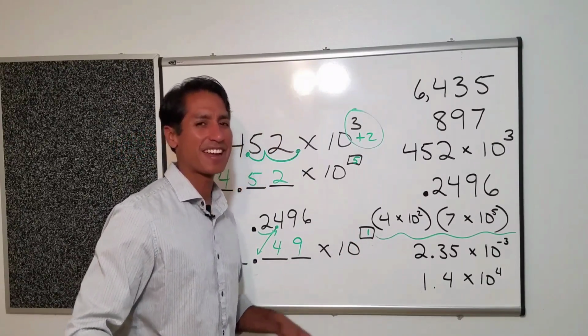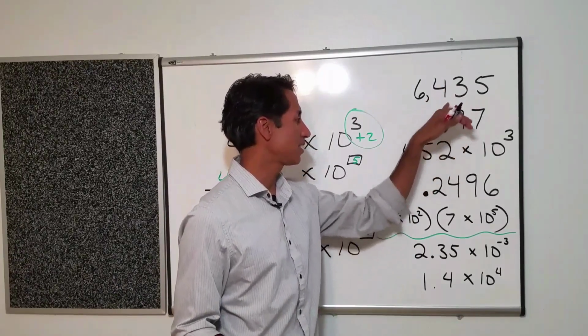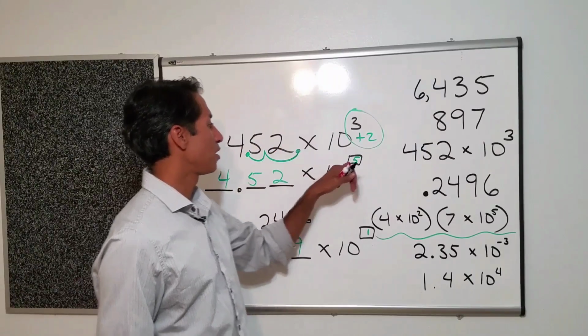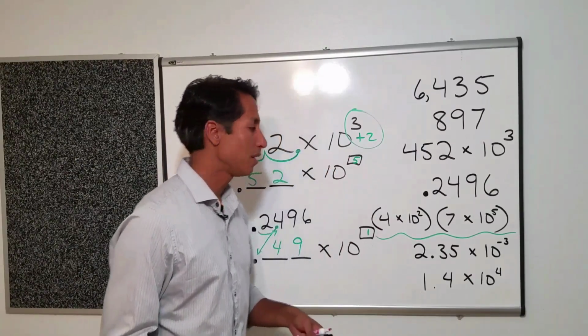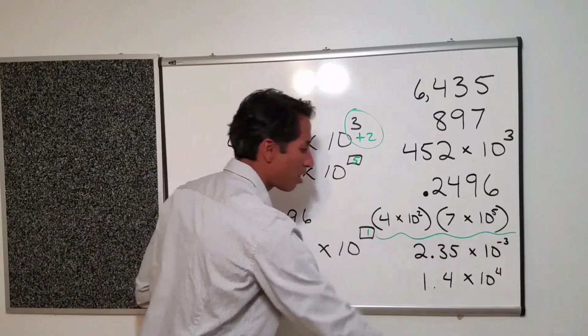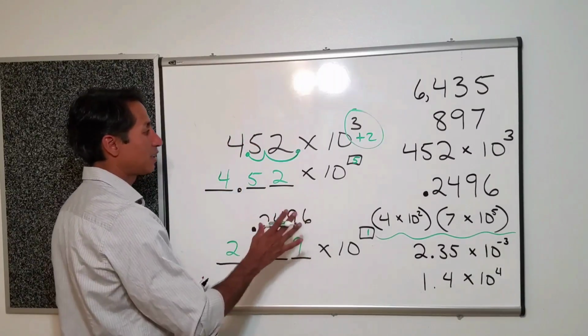Well, not really. Okay, this is where it starts getting a little tricky. When the numbers are really big like this, you just figure out how many times you moved it and you go with a positive value. But when you're dealing with decimal points and a super long small number, then you have to make sure you take that into account.